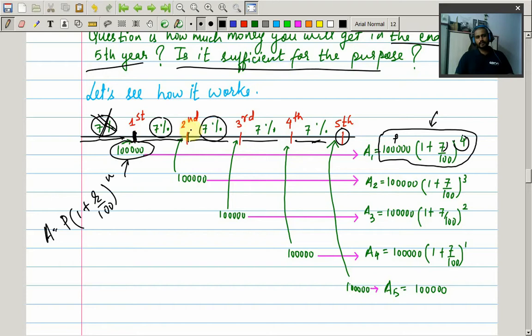And when the second year finishes, the bank will ask, please deposit your second installment. And that 1 lakh rupees deposited at the end of the second year will gain interest for 3 years. So this 1 lakh rupees will grow to this much amount.